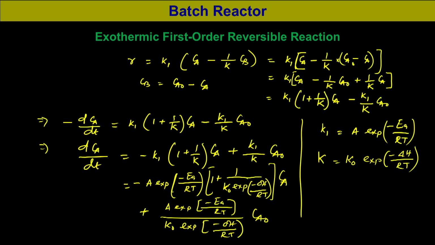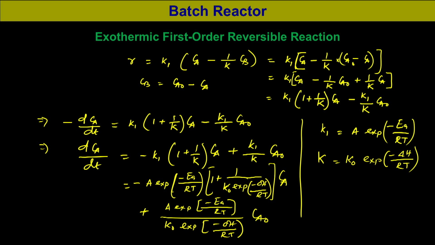R is equal to K1 into Ca minus 1 by K Cb. We know Cb is equal to Ca naught minus Ca.